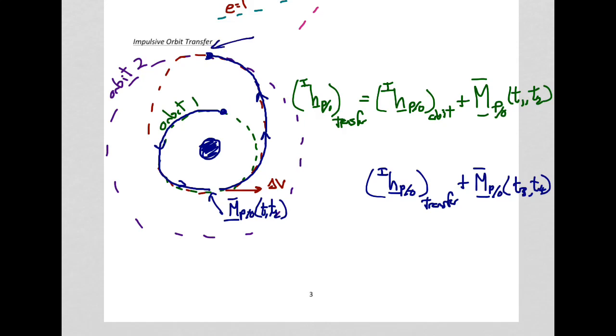It's an impulse, so it's a very, very small time window, and we'll be changing our velocity to put us into the tangent to orbit number 2. From that, we get back into steady state of our angular momentum in orbit 2 now.